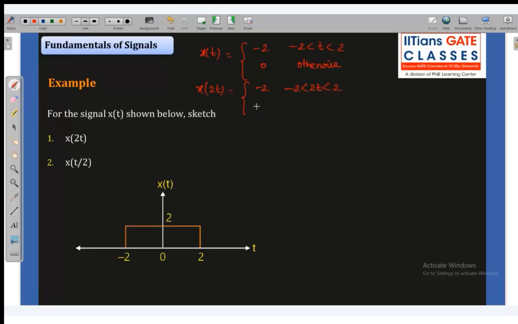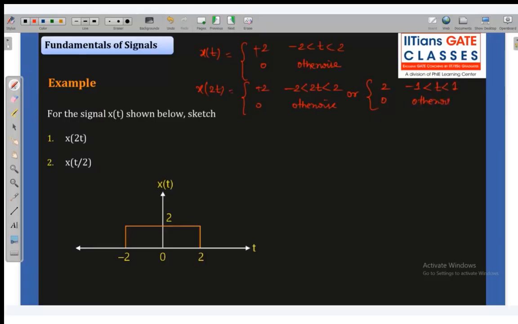This is 2 and this is 0 otherwise. The t axis we don't know, so we have to divide it by 2. So when you divide it by 2, it is -1 and 1, and 0 otherwise.